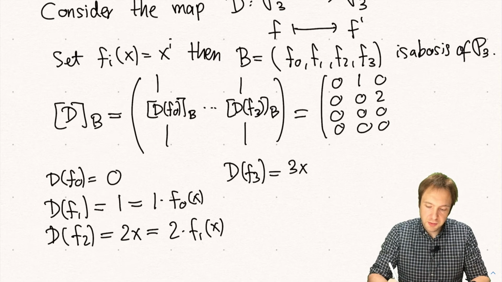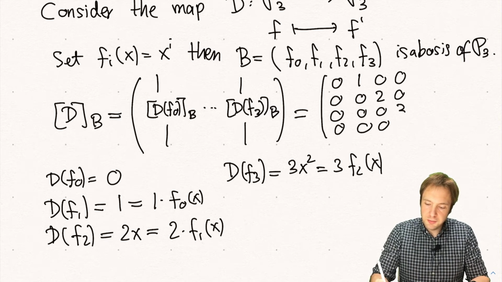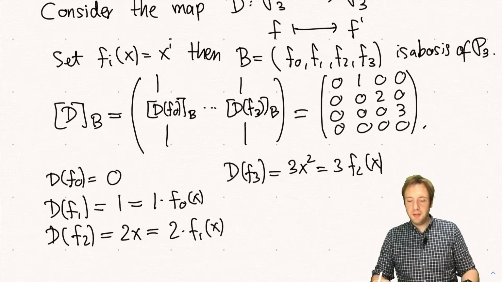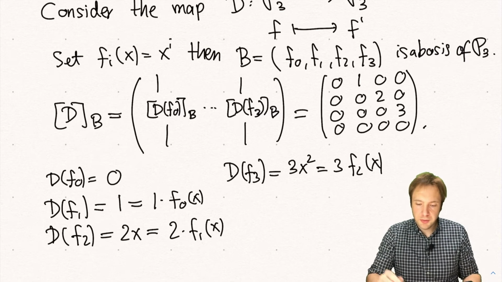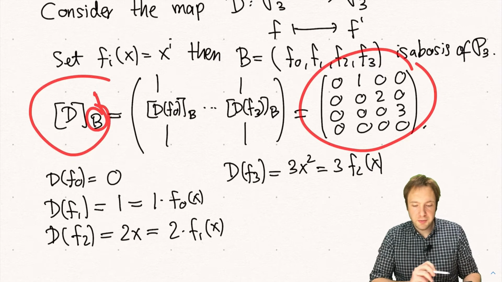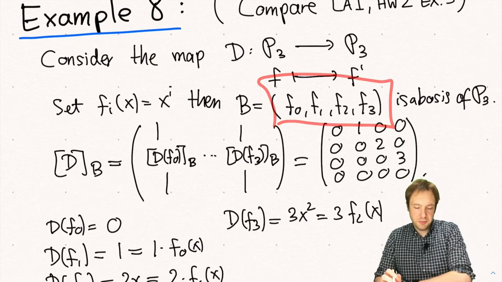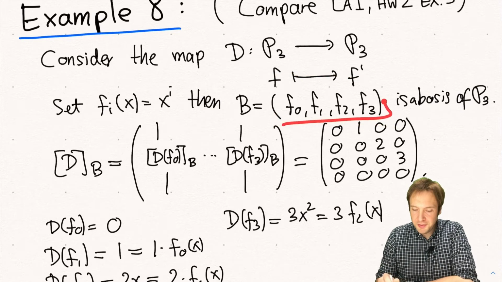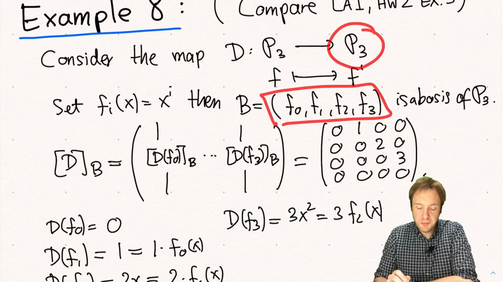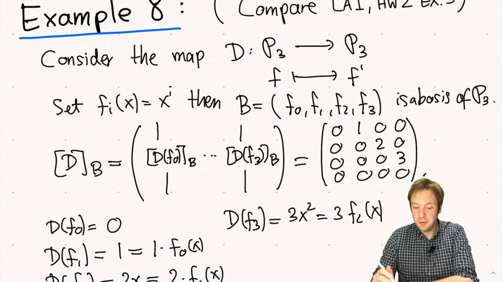The derivative is 3x squared. So this is 3 times f2 of x. So we get this matrix here. So this is the matrix of the linear map D with respect to the basis B. And of course, if you choose a more fancy basis for this space P3, then these matrices will look different.